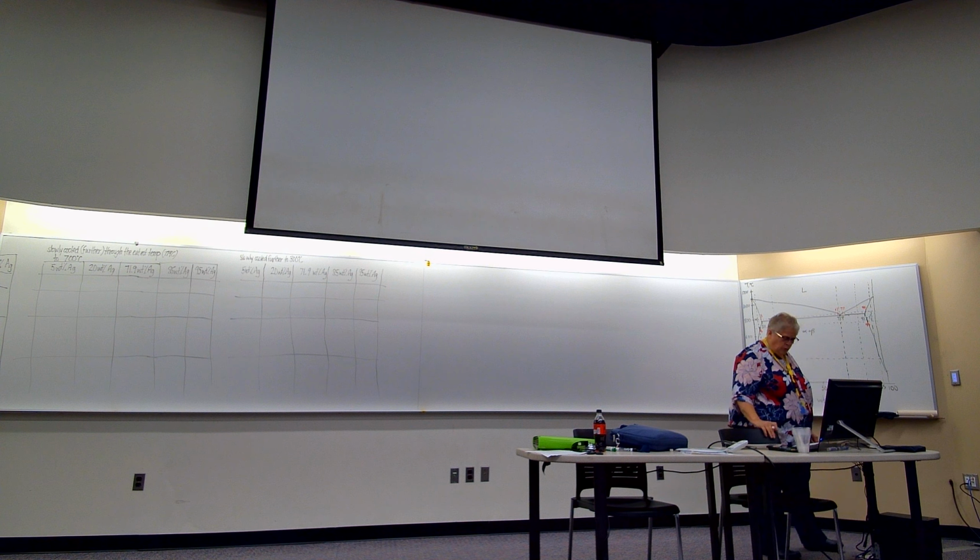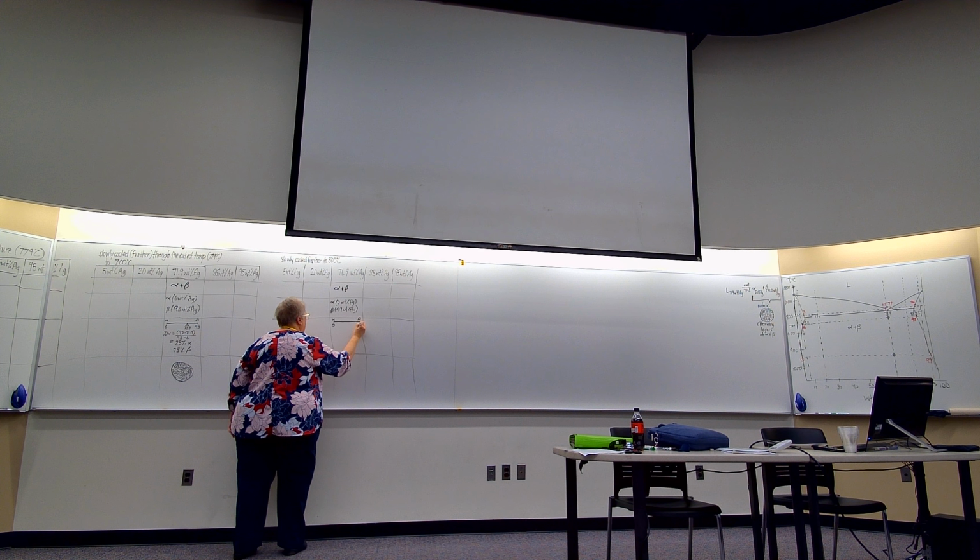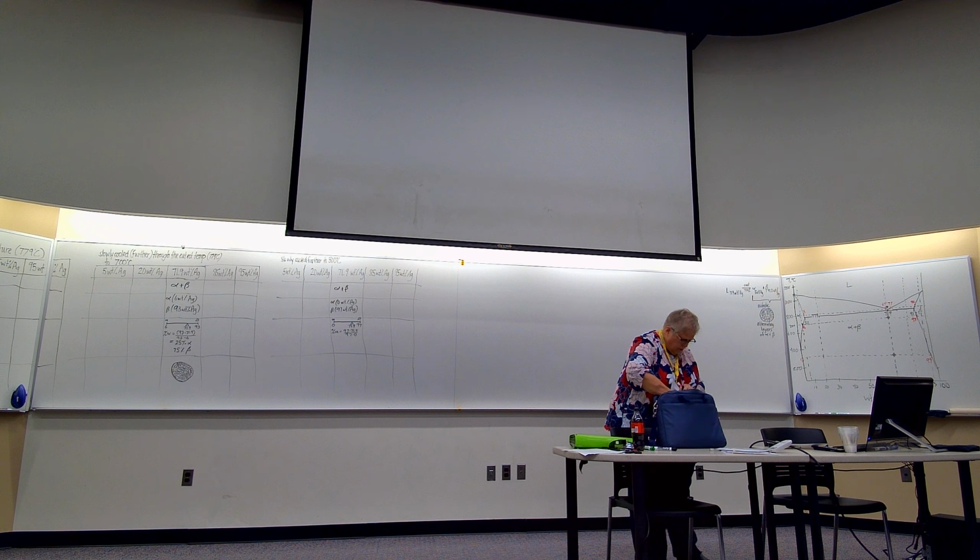What are the relative amounts of each? Percent alpha is 97 minus 71.9 over 97 minus 0. And it usually isn't that much different than what it was.